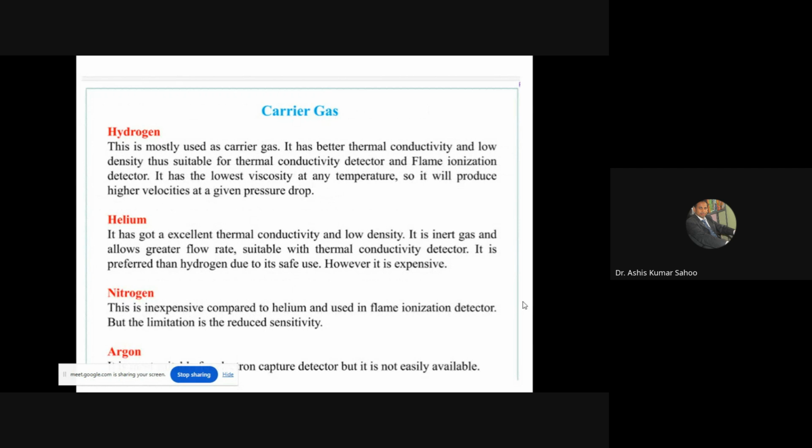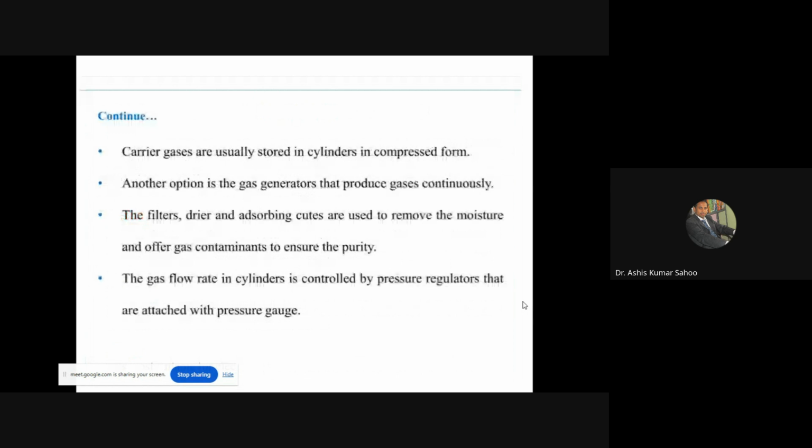It is an inert gas that allows greater flow rate, suitable with thermal conductivity. Nitrogen is inexpensive compared to helium, used in tanks. So these are the gases used as carrier gas in gas chromatography.